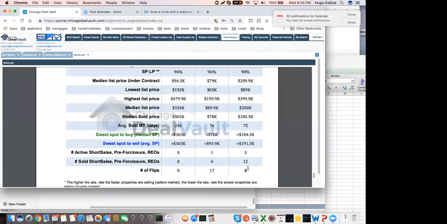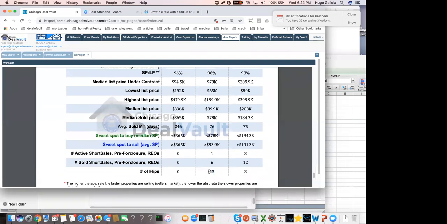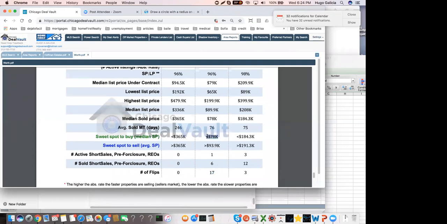Very few flips for single family homes, a lot more flips for condos, and that again is because of the entry point to buy a condo versus a single family home. But again, just looking at Hoffman Estates, it just makes more sense to even buy an attached property like a townhome to do a flip in Hoffman Estates than a single family home in Worth, right? Because here you're gonna be paying a lot more money, and guess what?